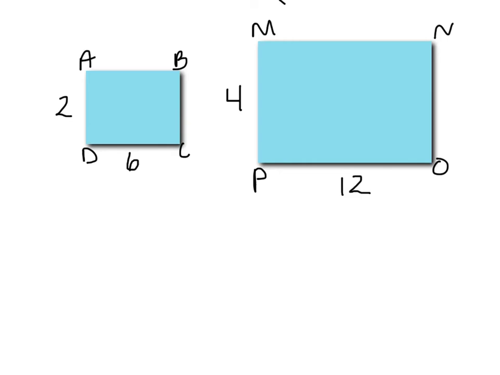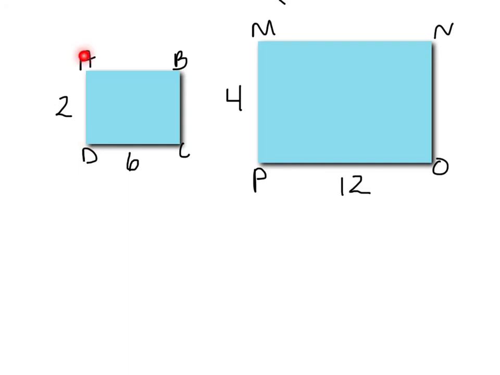So now my two rectangles have measurements for two of the sides. And I want to tell what the relationship is between rectangle ABCD and MNOP. So what I'm going to do is set up a ratio of the corresponding sides. So let's look at this first side, AD.